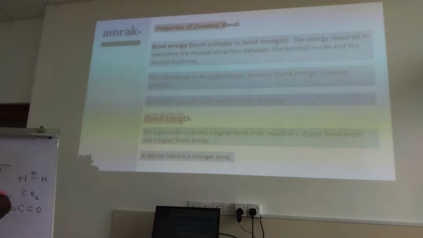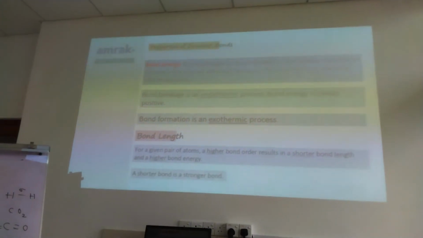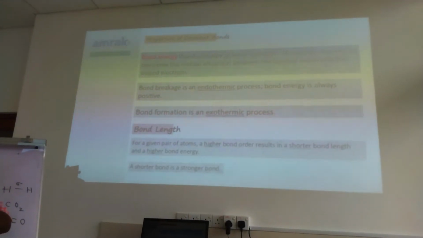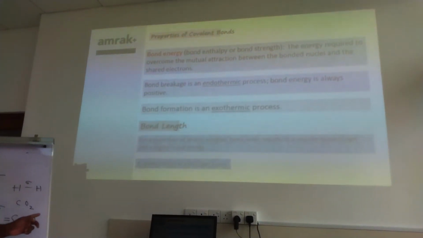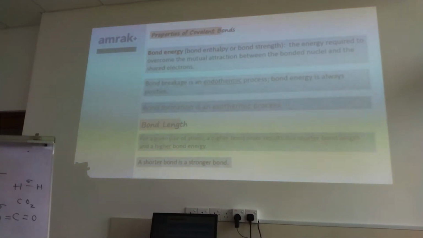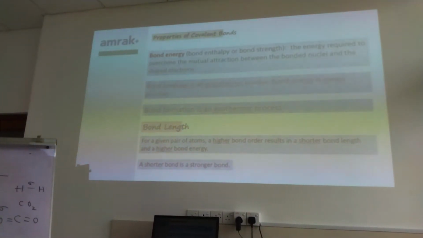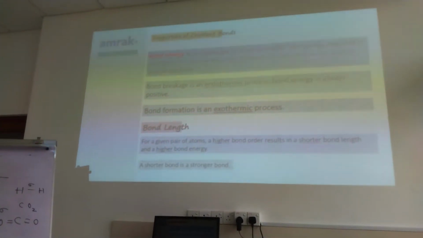Bond breakage is an endothermic process. Bond energy is always positive. In order to break the bond, bond breakage is endothermic. Bond formation is an exothermic process, right? So when they form, that is formation.